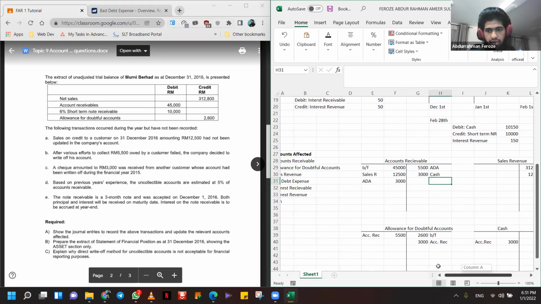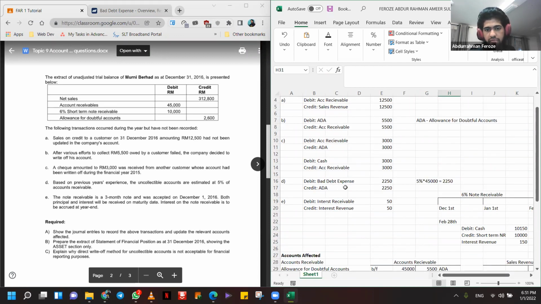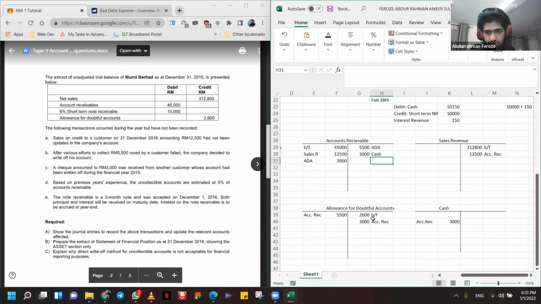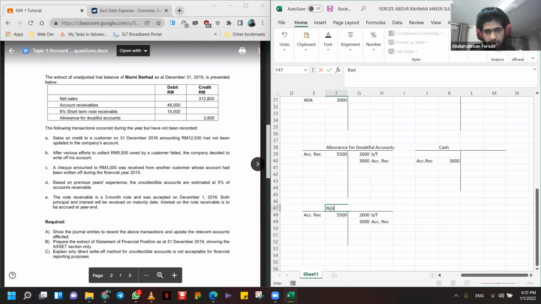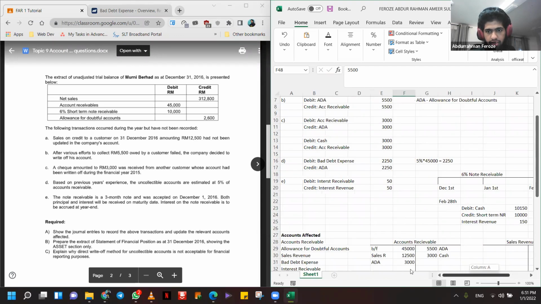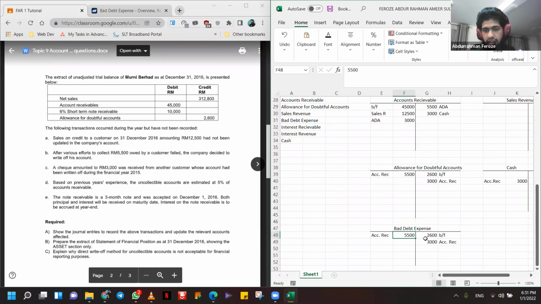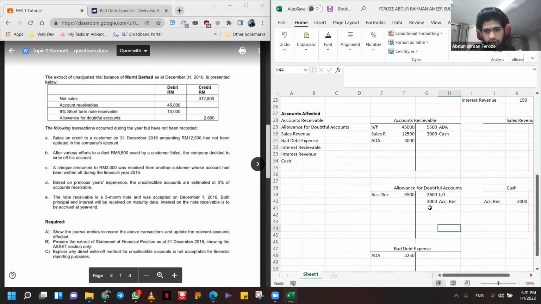Then moving on to part D, we have debit bad debt expense 2,250 and credit ADA 2,250.